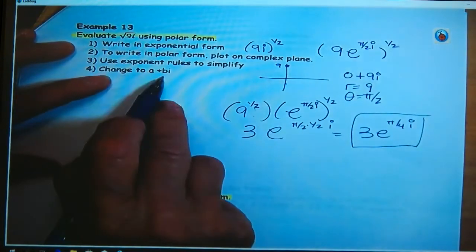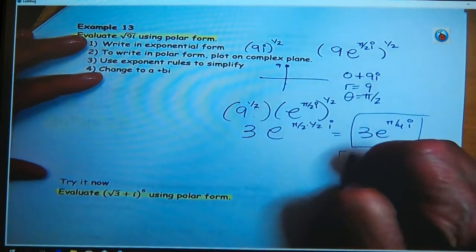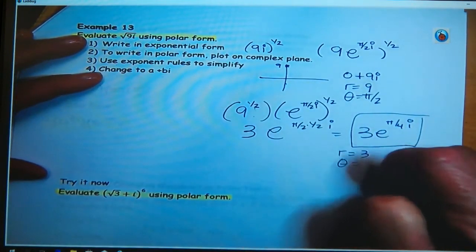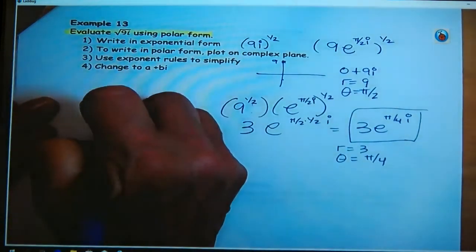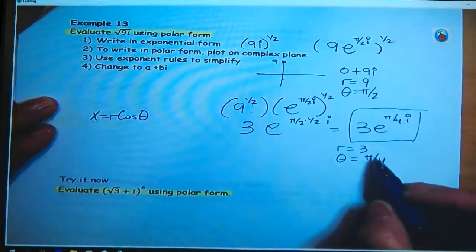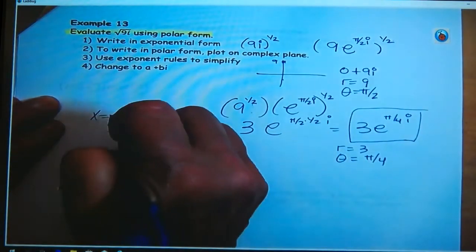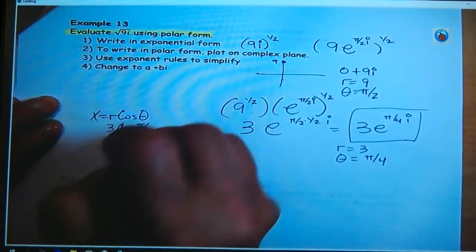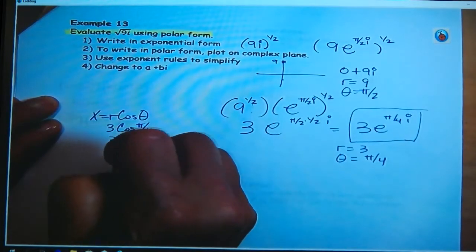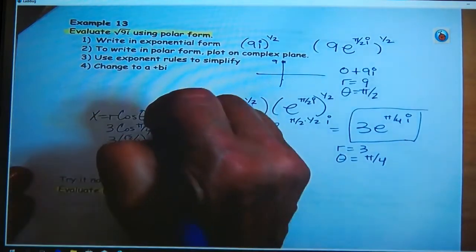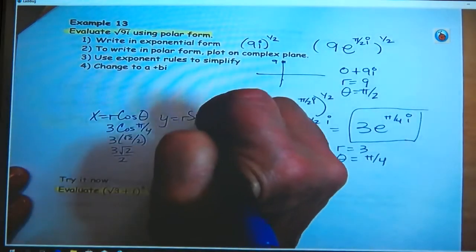They want it in a plus bi, so r is 3, theta is pi over 4. So now I just go back to x equals r cosine theta. That's 3 times the cosine of pi over 4, which is 3 times radical 2 over 2. And y equals r sine of theta.